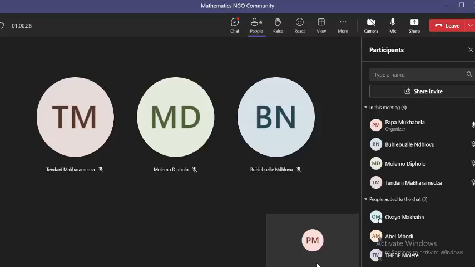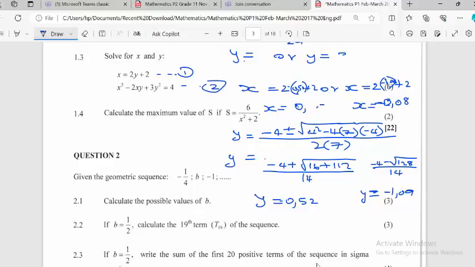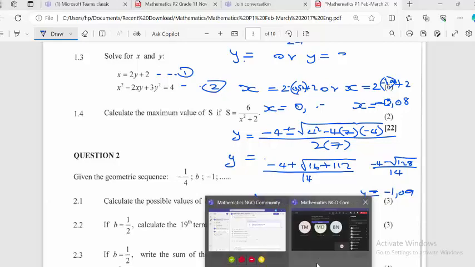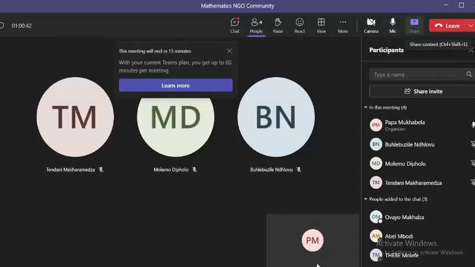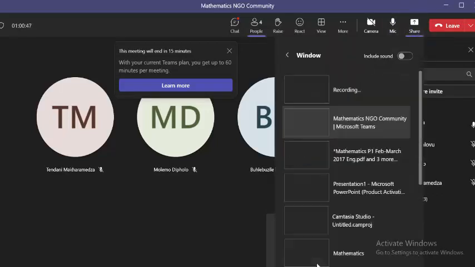It is clear you can't see the screen because Teams has decided to unshare again. So I'm going to try and share. But just remember that Teams only allows me an hour. They only give me an hour. So that hour has passed.